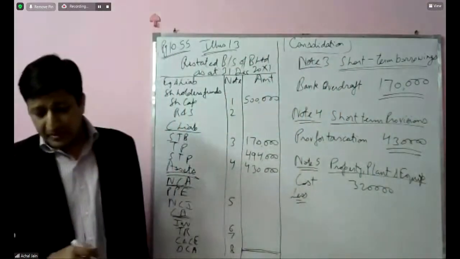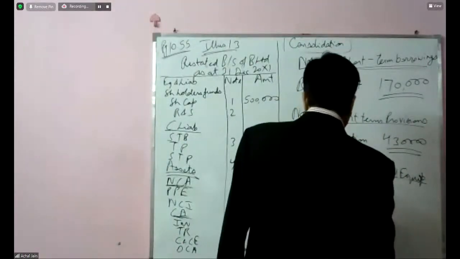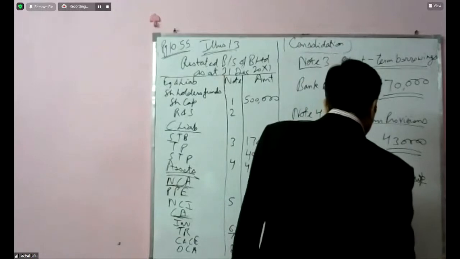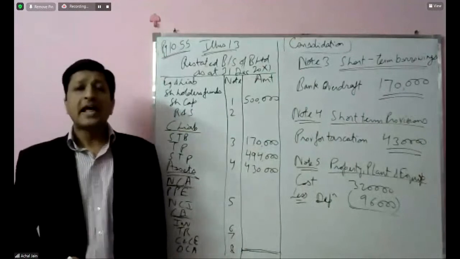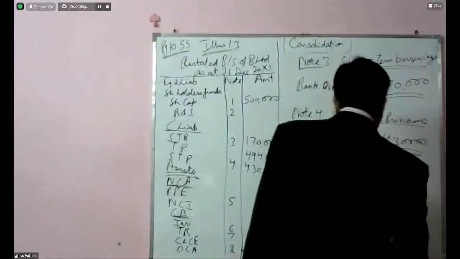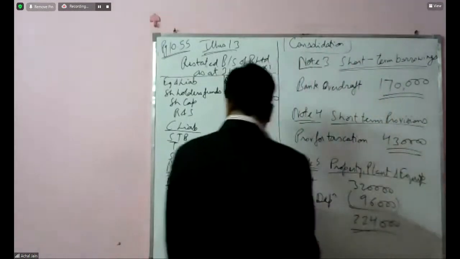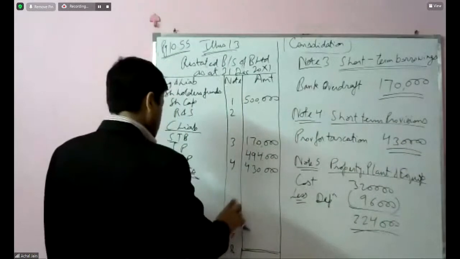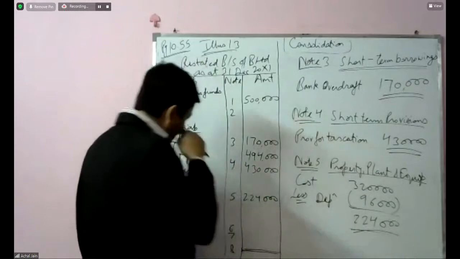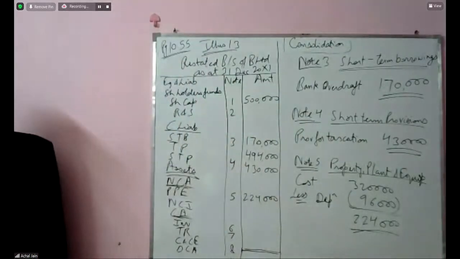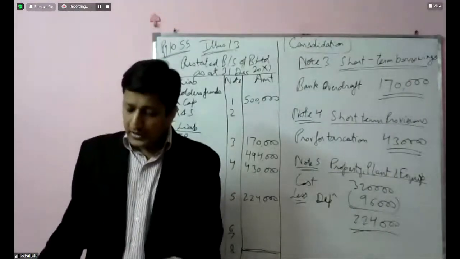So what do we get? We get 2,24,000. Then the next one was non-current investments.